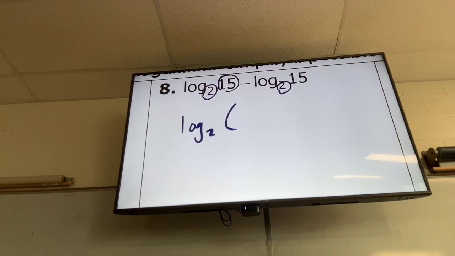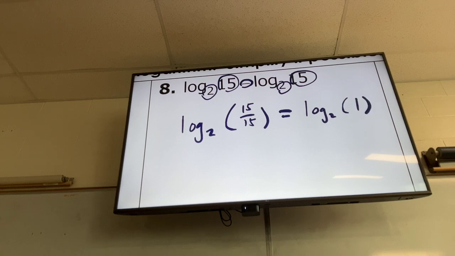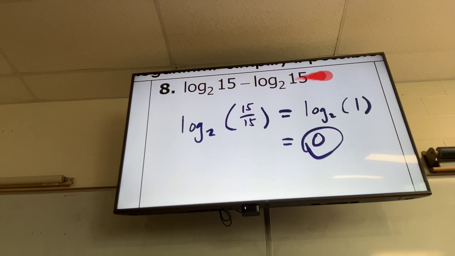That first number becomes the top, the second number becomes the bottom, and that's when I have a minus sign. Okay. This is log base 2 of 1. What does log base 2 of 1 evaluate to? 0. Okay. Very roundabout way of doing something minus itself equals 0. Kind of funny.